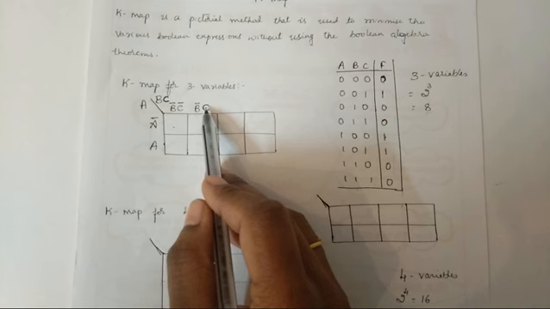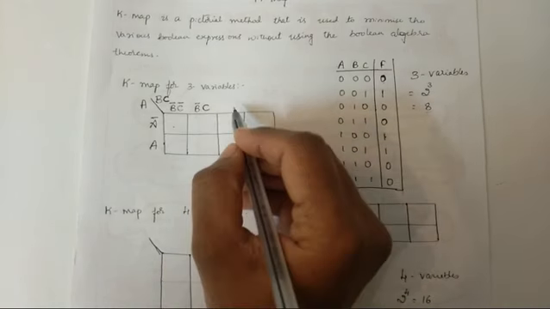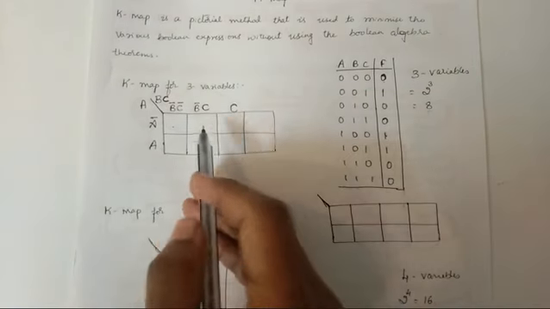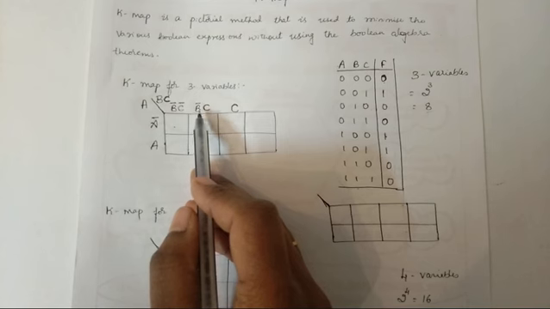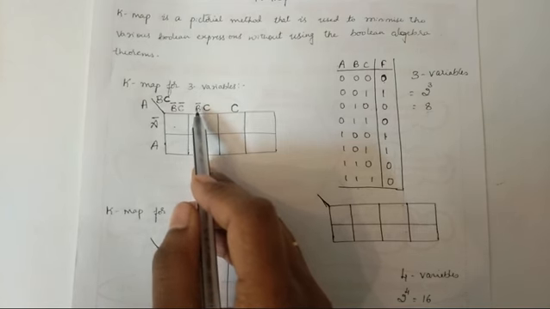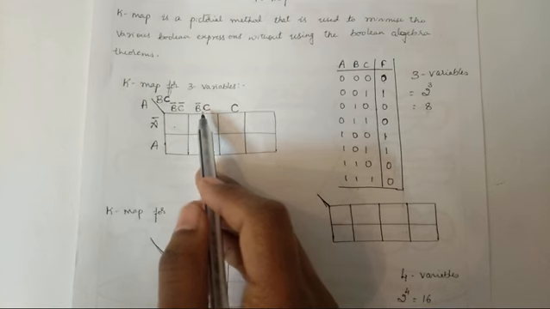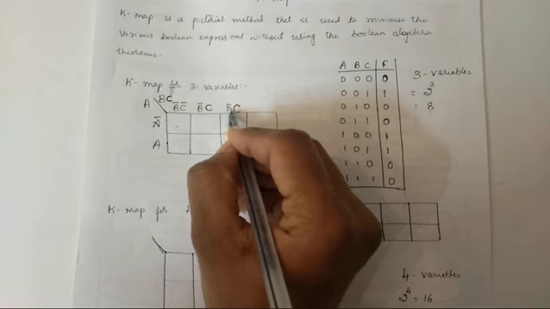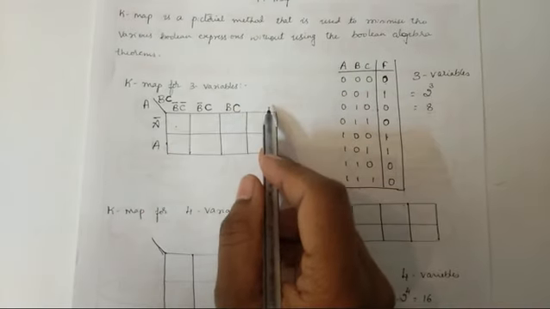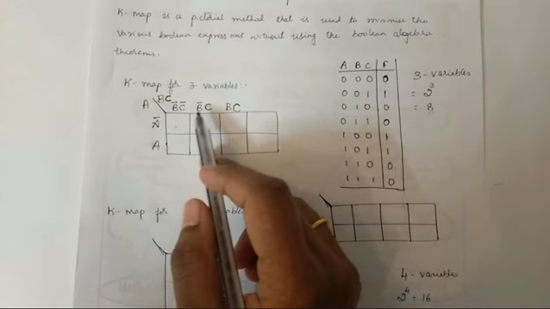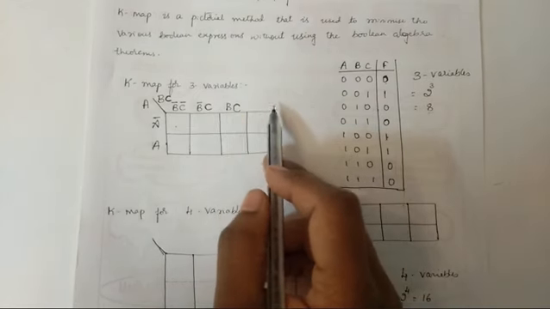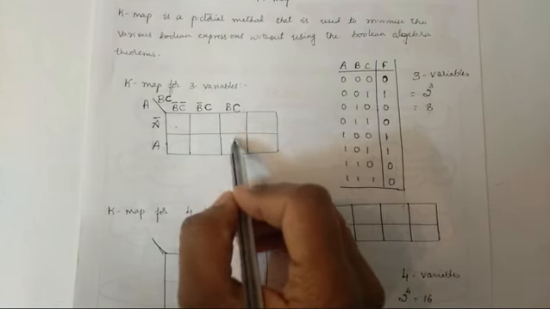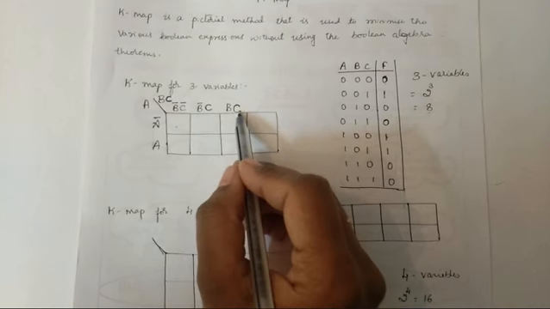So he retains the C as it is, since it has already been changed. Next, the turn is for this B bar. We have to change this B bar. This is the basic rule. You just have to write these variables here. There is no need to remember the logic of why we write it like this. Next, this block represents BC.